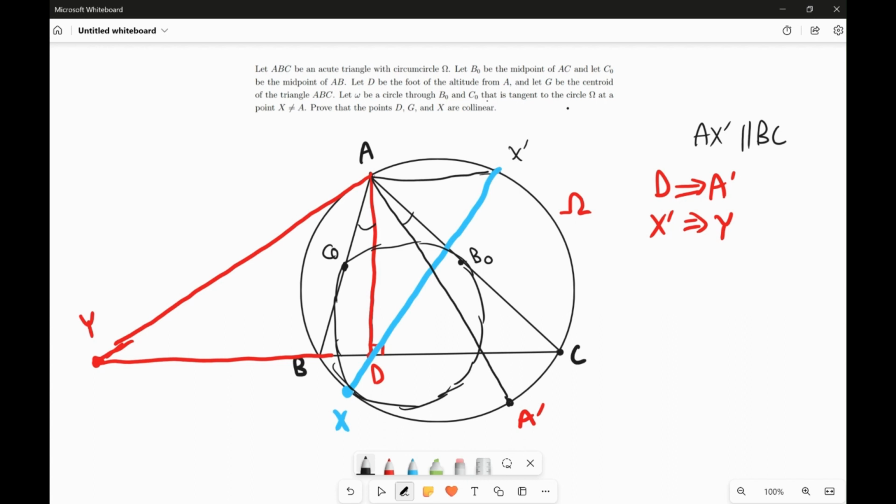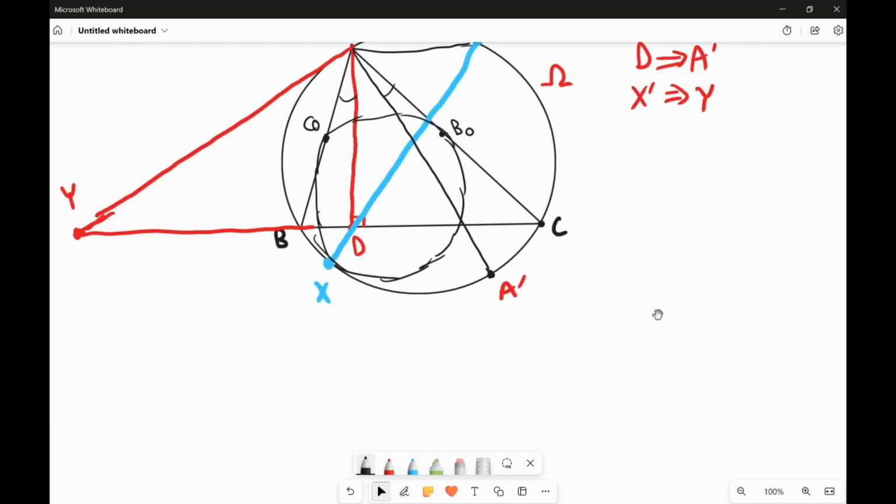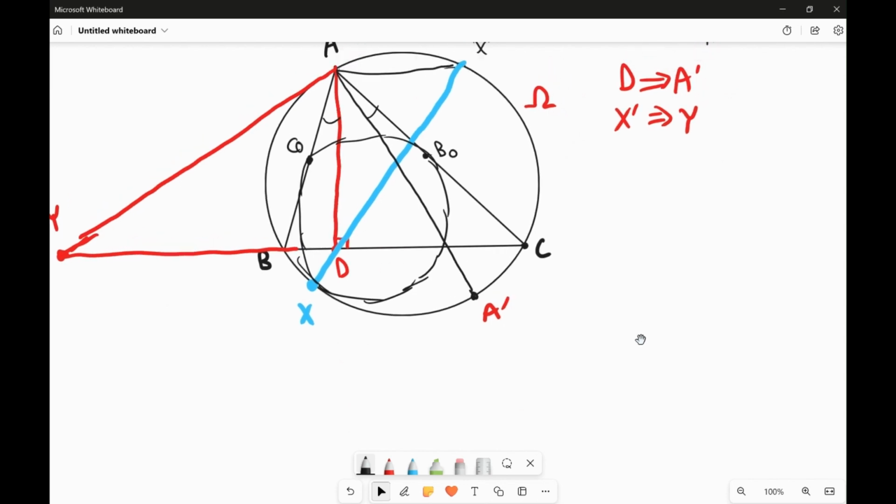And now let's go ahead and figure out where X goes, such that B0, C0, X is tangent to this circumcircle. If we take a force overlaid inversion, then we have this here, and then this here. Sorry for the different colors.